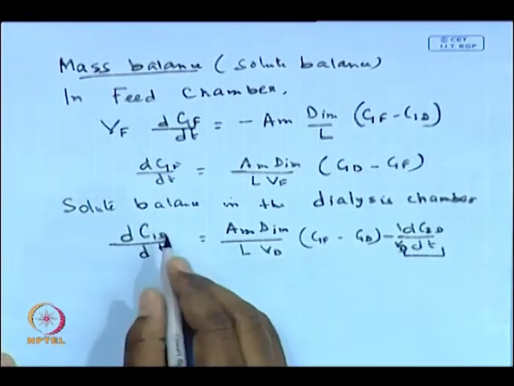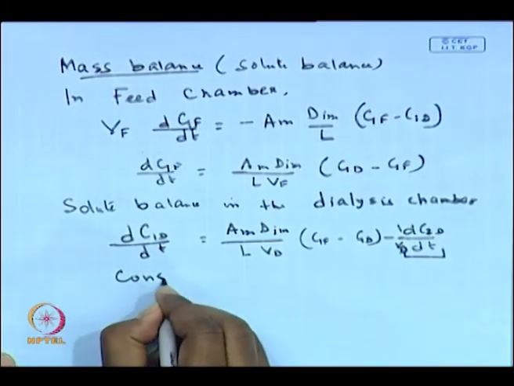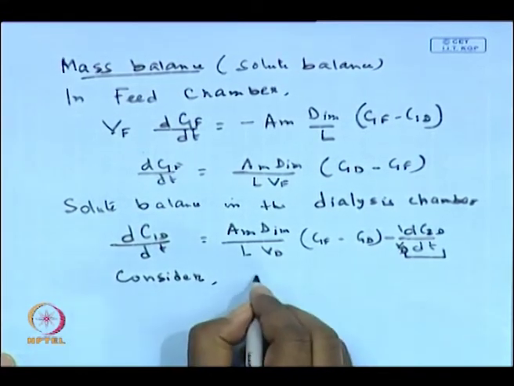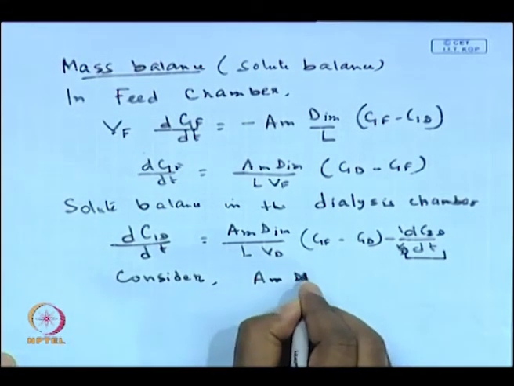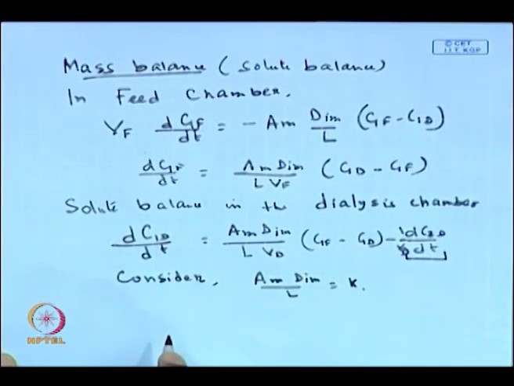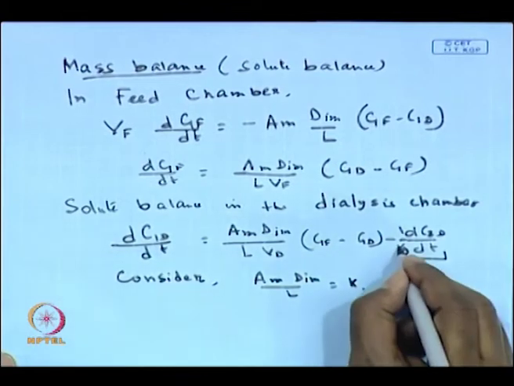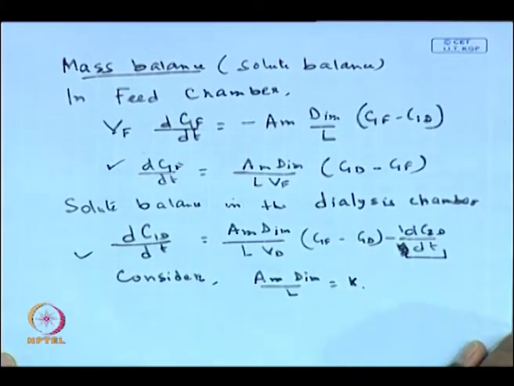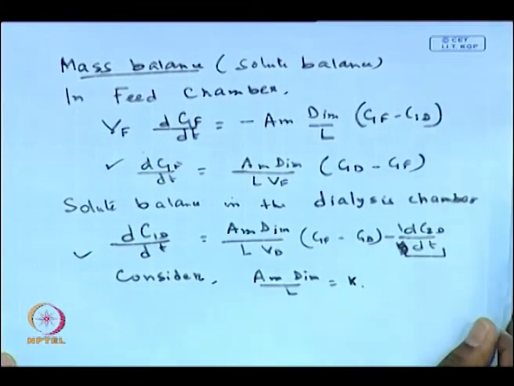Now, we define Am Dim over L as a constant k. So, in these two equations, I think there should not be 1 by Vd there. These two equations can be written in a much more compact fashion in terms of k.